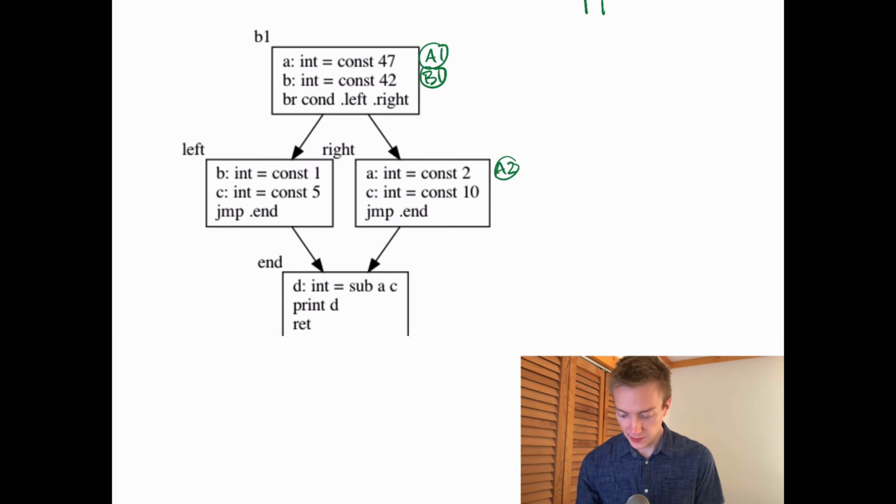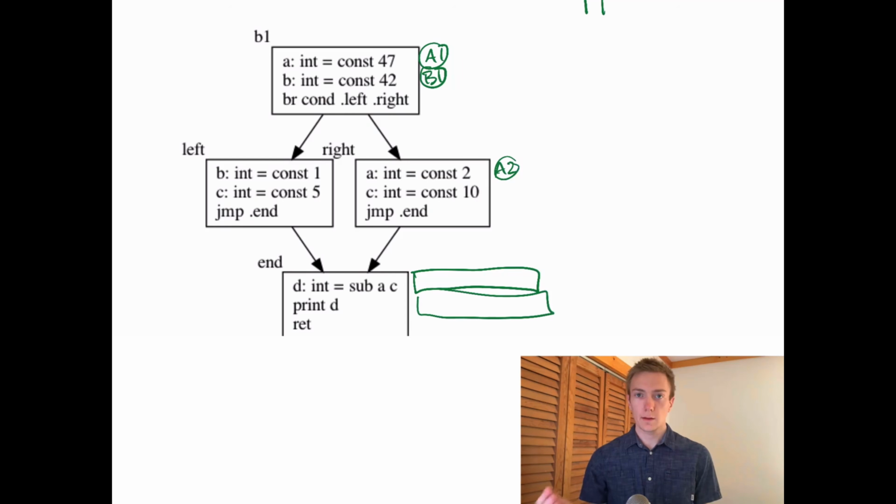There is only one use here in the entire program, which actually, sorry, there are two uses: these two uses in the final block, in the end block here. Decide which definitions, according to your naming scheme, are reaching this point and reaching this point. Go ahead and stare at this control flow graph for a while, label all the definitions, and make a list of the definitions that reach those two uses.